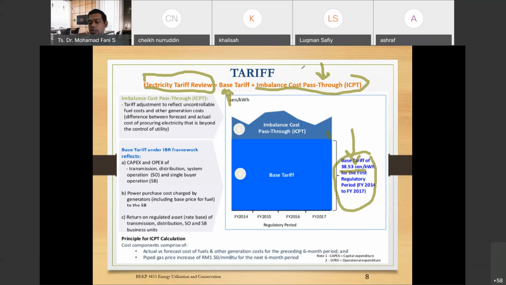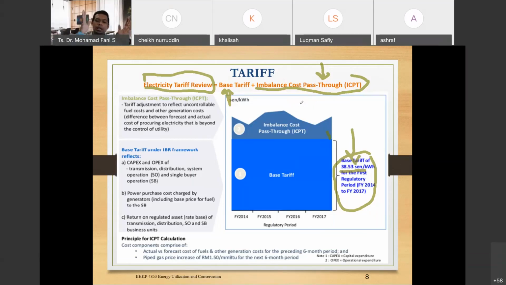So this ICPT will be shared with the consumer, depending on the generation sources price, for example coal, LNG, gas, fuel, etc. If the current price is over the forecasting price, this charge of the ICPT will be charged on the electricity consumer's billing. If it is less than the forecasting value, then the utility will reimburse the consumer, who can get the discount for every single cent, set every 6 months.